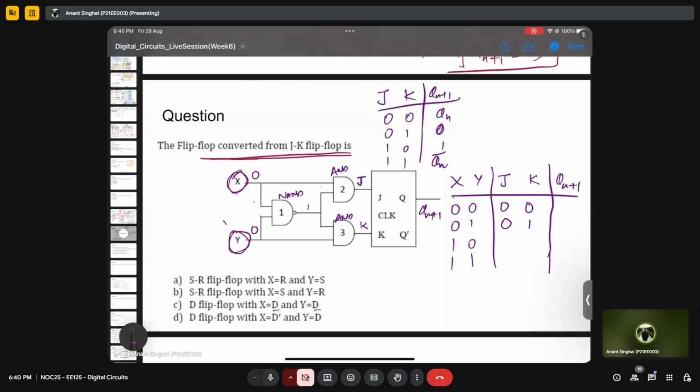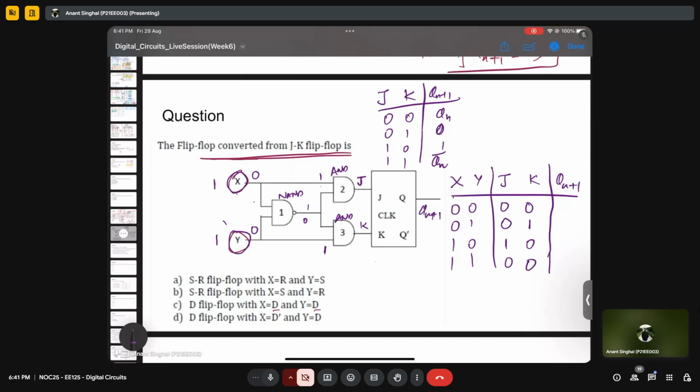So K will be 1. So this will be 1, 0 then. And when both are 1, this is 1, this is 1. When both are 0, it is 0, 0. Is it clear to everyone? X, Y, and JK? How I've converted that?